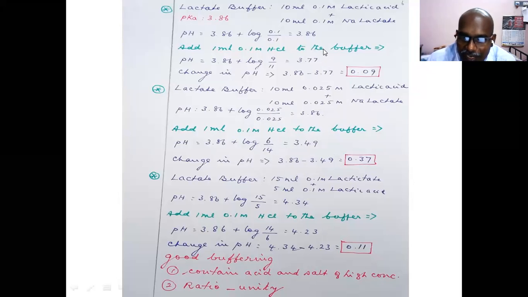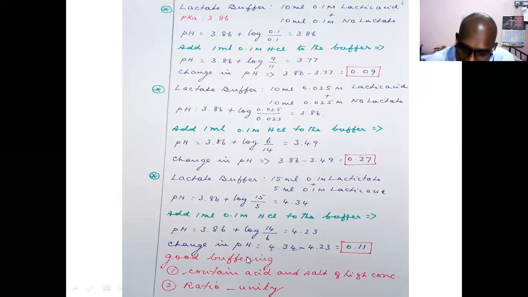When it was taken at a higher concentration, the change was less. And when you are taking a buffer, you should take an equal ratio, because when you took an equal ratio, the change was the least. But when you take a different ratio, the change was a big number.